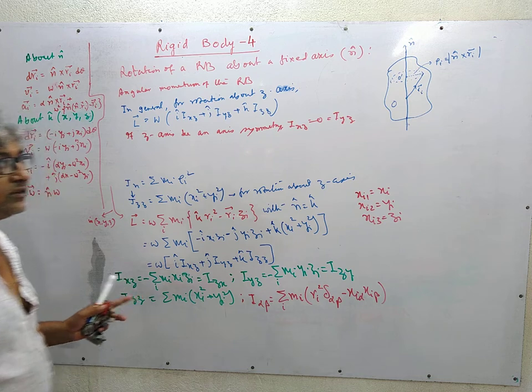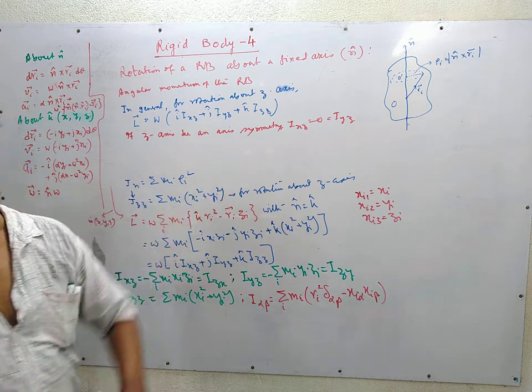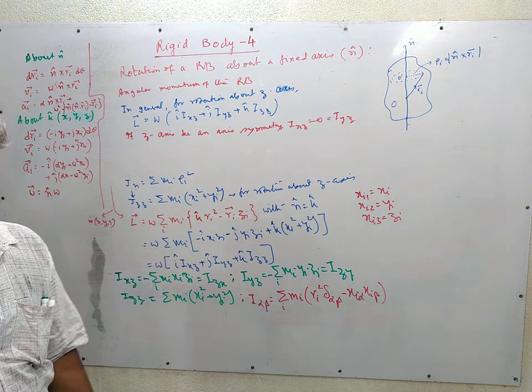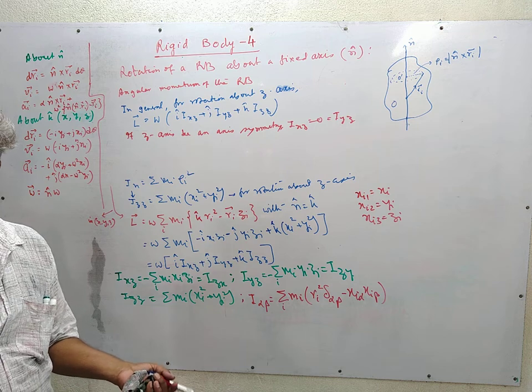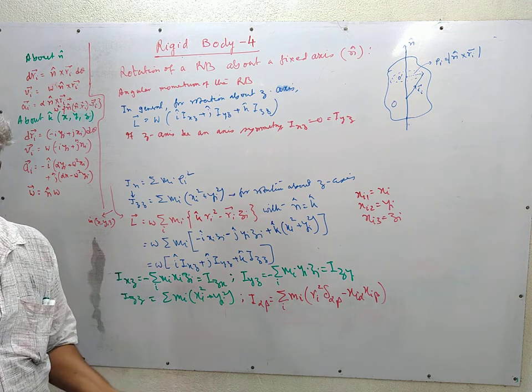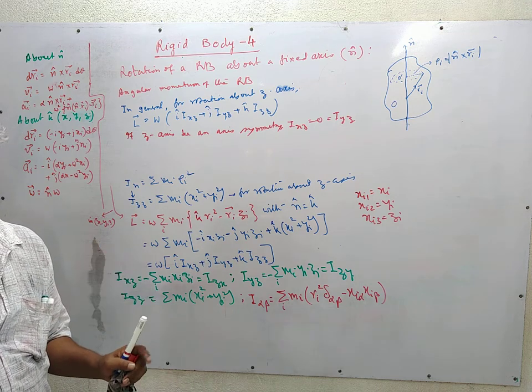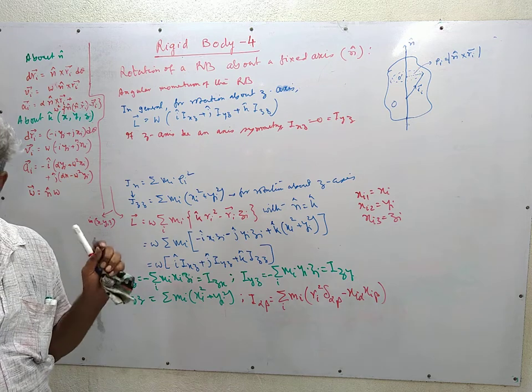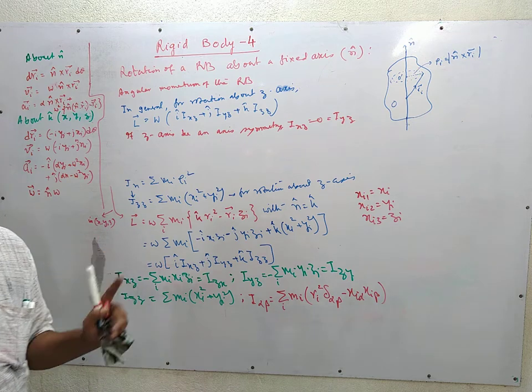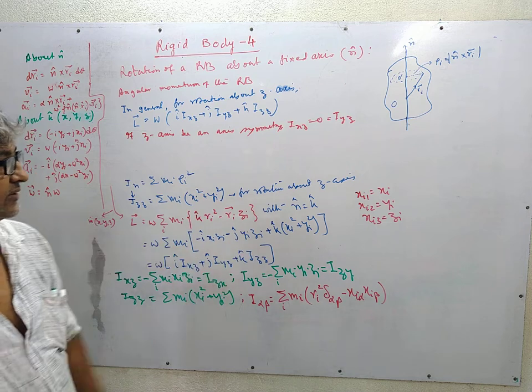Because the mass points are distributed symmetrically about z-axis, so for a given combination of x, y, it is equally likely to have positive value of z as well as the same negative value of z with the same magnitude, which cancels this.